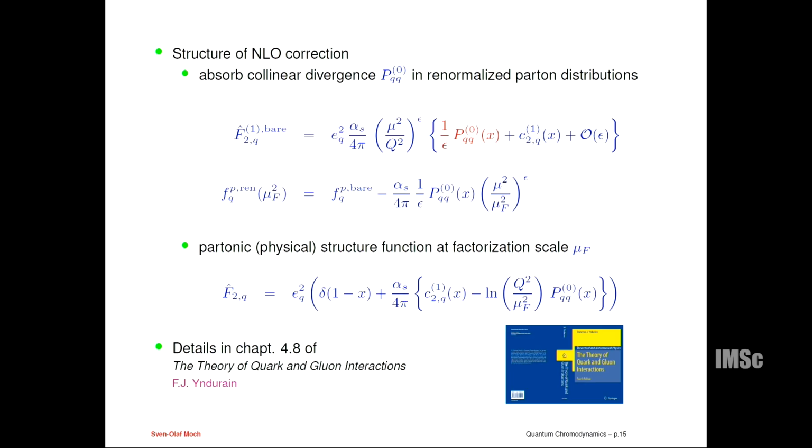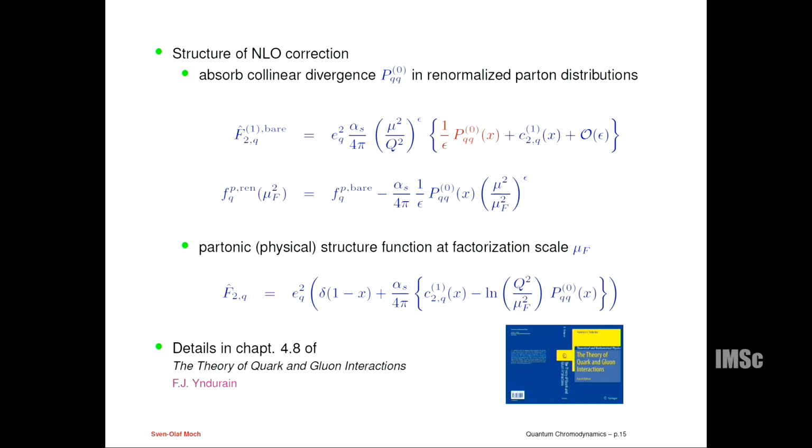So I can think of them as being a quark operator, and then I can do loop corrections to those objects, asking for the probability of finding a quark inside a quark at order alpha_s, which means I have to have some gluon radiation. And in this way I can also give an operator definition for those quantities.